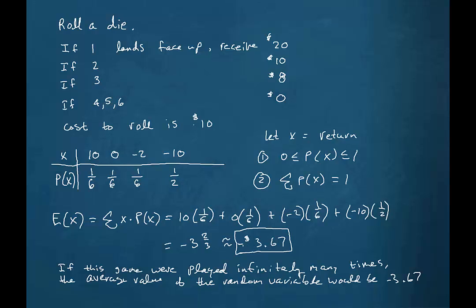If the player is out $3.67 on the average per play, that also means that the person running the game, also known as the house, expects a positive return of $3.67 per play of the game.